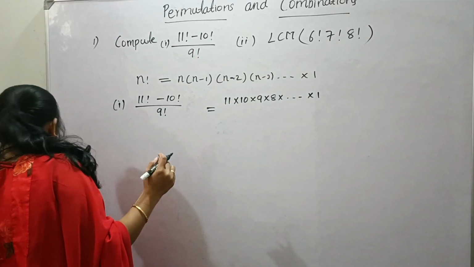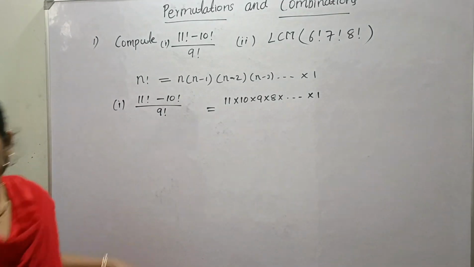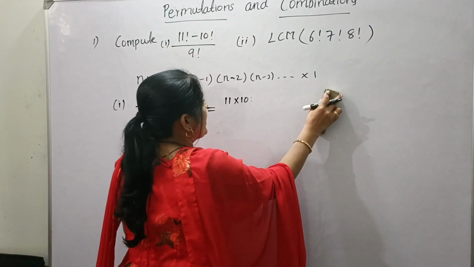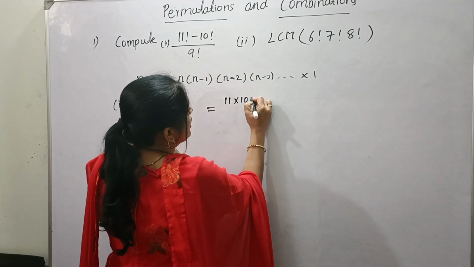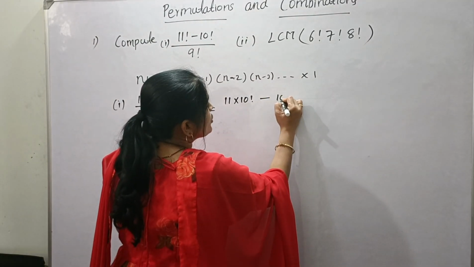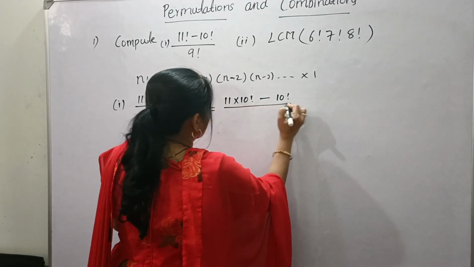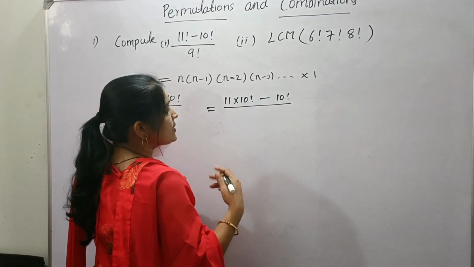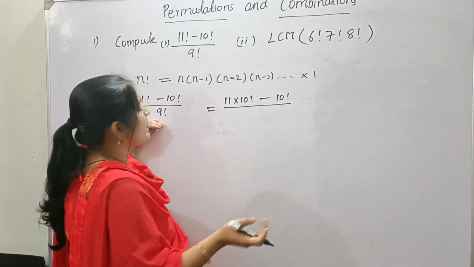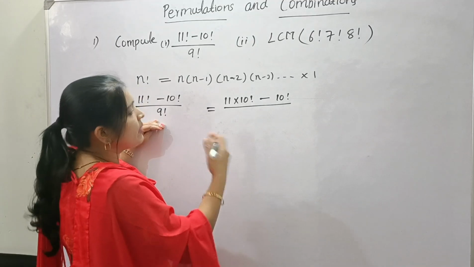So 11 factorial can be written as 11 into 10 factorial, minus 10 factorial as it is, divided by 9 factorial. 9 factorial is nothing but 9 into 8 into 7 into etc. into 1. But here no need to write because it will be cancelled.